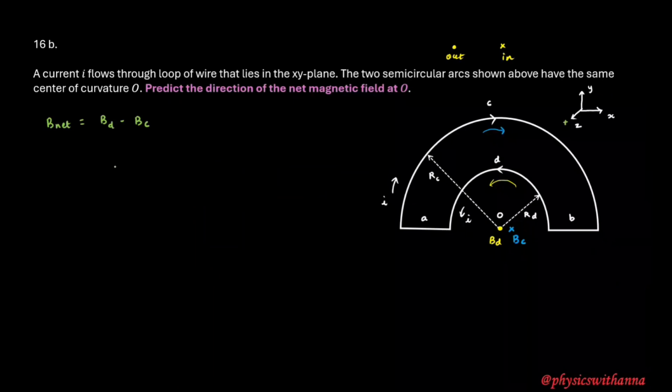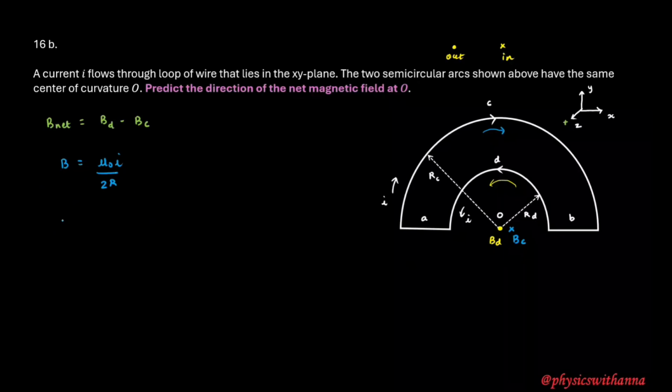Now how do we know who has a larger magnitude? We know the expression for magnetic field due to a circular coil at the center. It is B equals mu 0 I over 2R. And since we have only a semicircle, I can find the magnetic field due to this semicircular loop by halving this term.